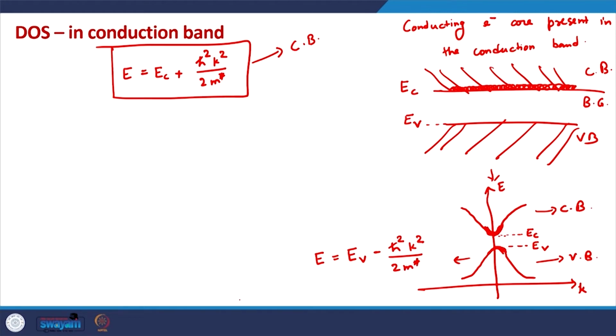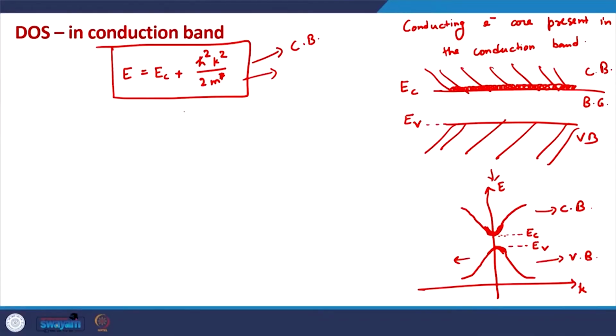Generally, we are mostly concerned about the electrons at the bottom of the conduction band, because those are the major contributors in conduction, especially in doped semiconductors. Okay. So, that is why we will use this relationship in most of our device analysis.